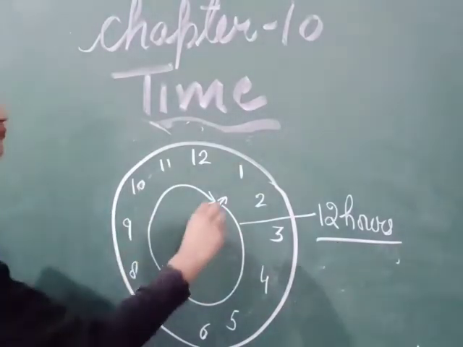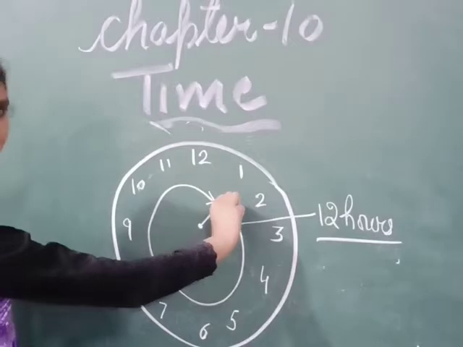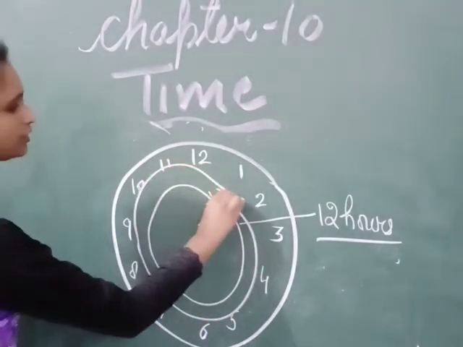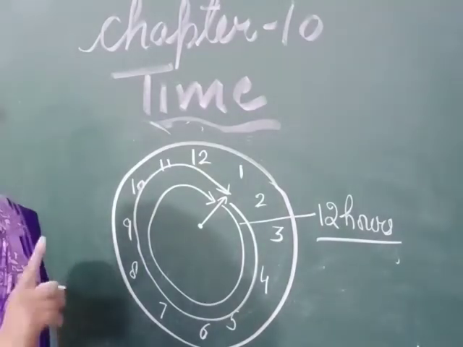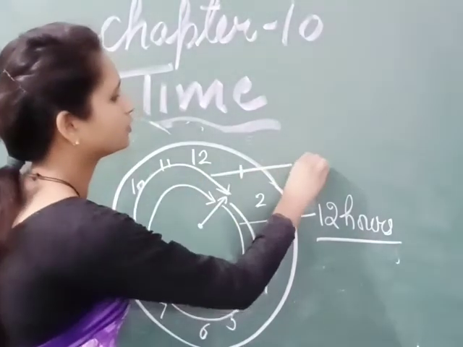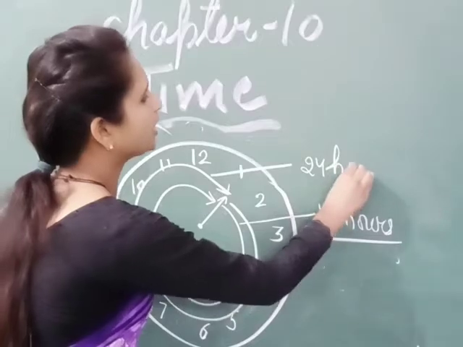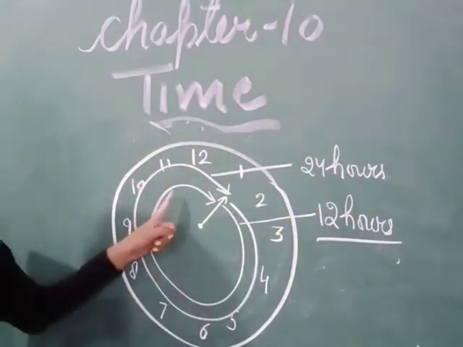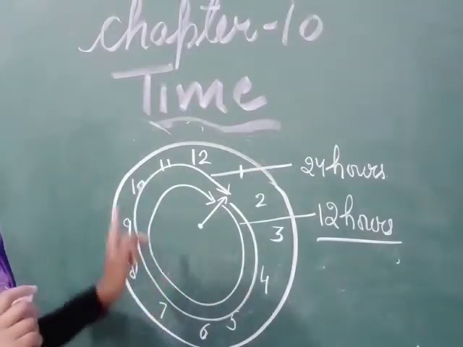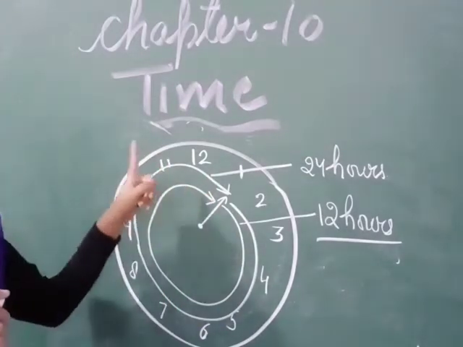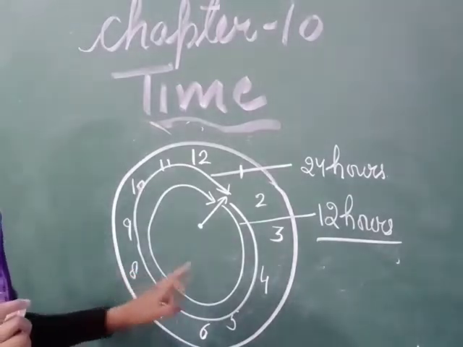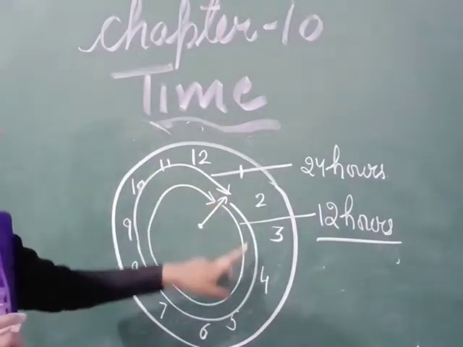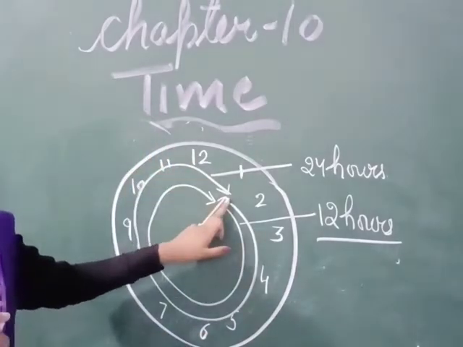If it again moves back to 1, then 24 hours have passed. If it moves once, 12 hours have passed. If it moves twice, 24 hours have passed.